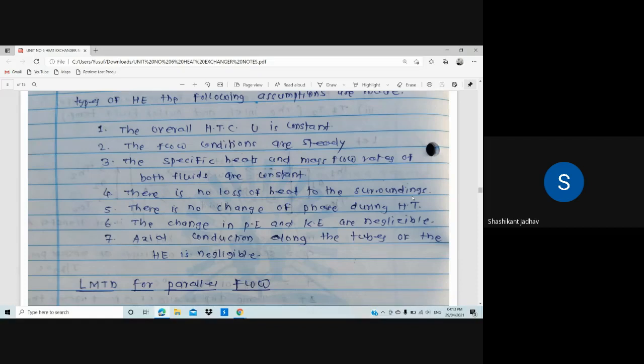Okay. Then seventh: axial conduction along the tubes of the heat exchanger is negligible. The mode of conduction along the tubes, we are going to consider negligible.